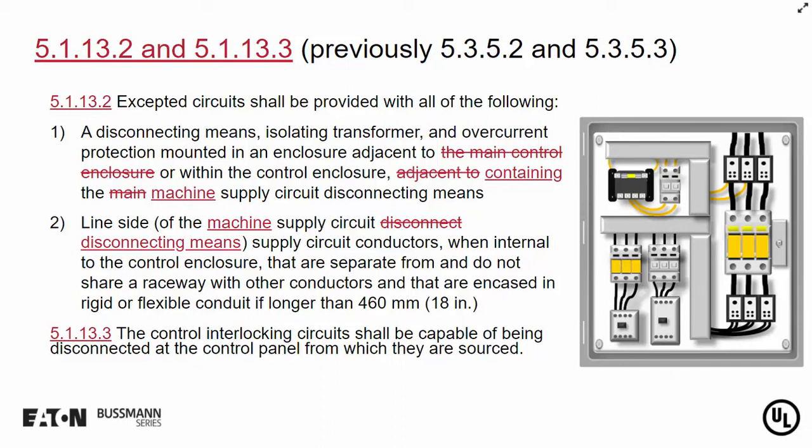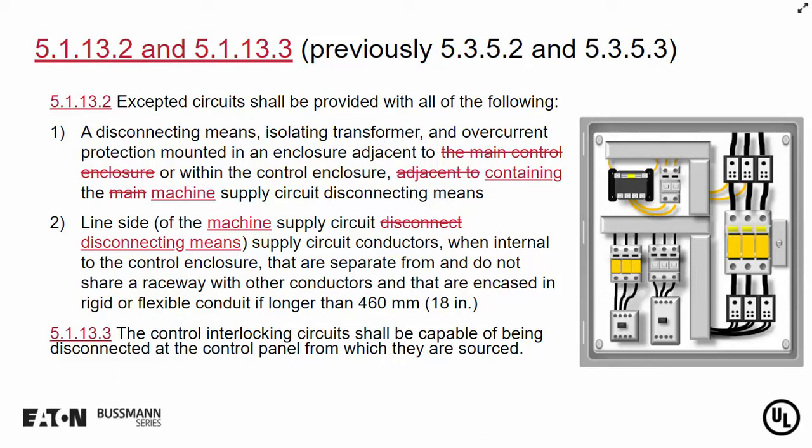You need to have a means to isolate those accepted circuits, and that's essentially what you're seeing in requirement number 1 of 5.1.13.2. And that disconnecting means can be either in the same enclosure as the machine supply circuit disconnecting means, or it can be in a separate enclosure.